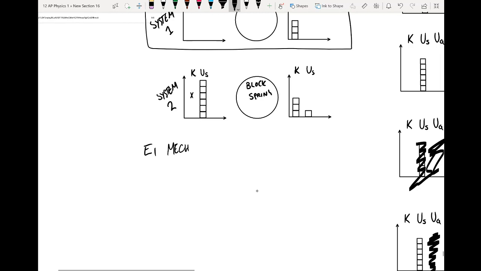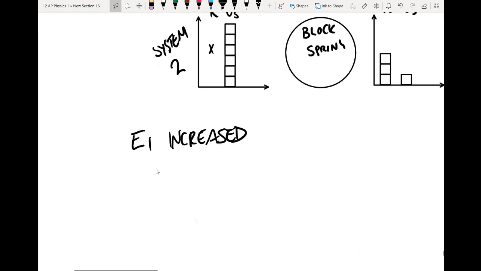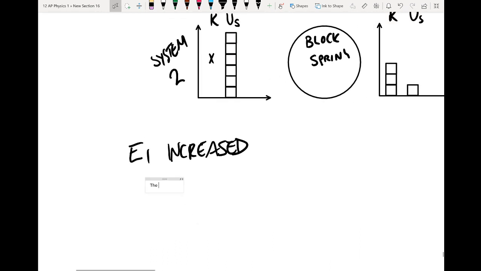The total mechanical energy, or let's say E1, increased. The block went from having no motion to having some motion before it reached L2.